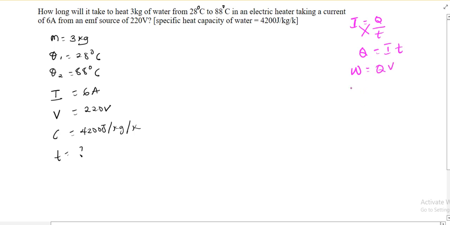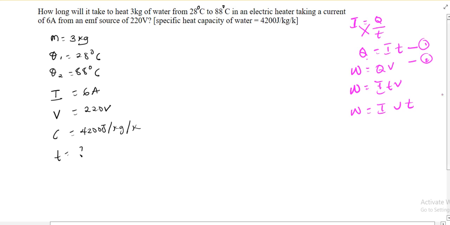Let me say equation 1, equation 2. When you put 1 into 2, you have ITV, so work done equals IVT.